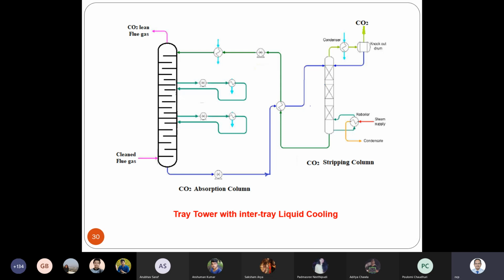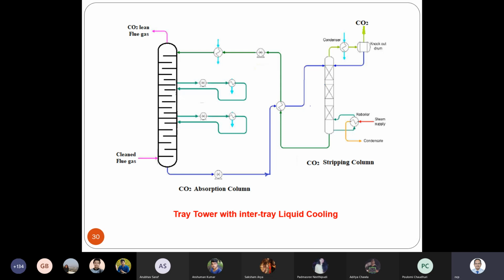Even if you don't want to use an external cooler, we can install a cooling coil inside the tray, so that we can have liquid cooling in case of tray towers.